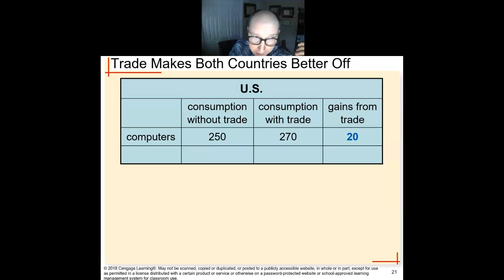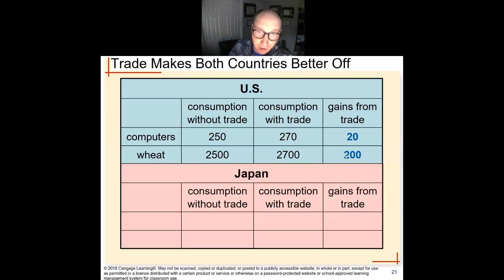I'm going to get it from somewhere else. And so that's what this chart shows us. The gain from the trade is the U.S. gained 20 computers and gained 200 wheat. In Japan, they gained 10 computers, gained 100 wheat.